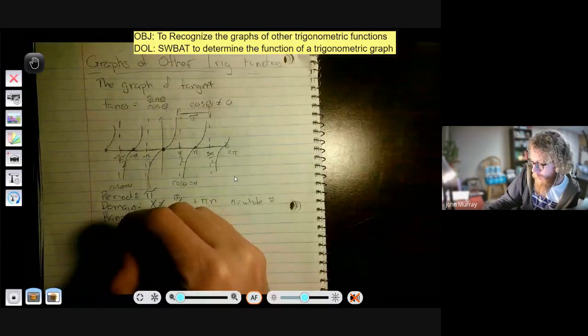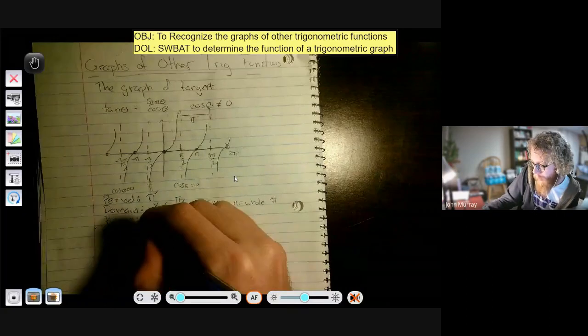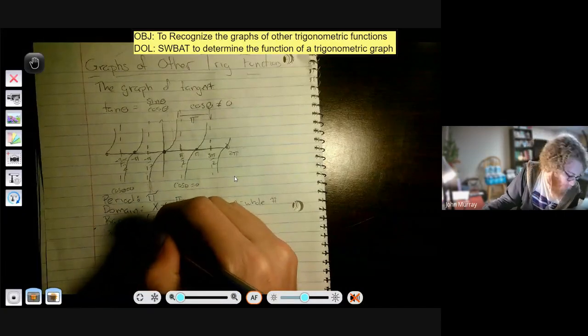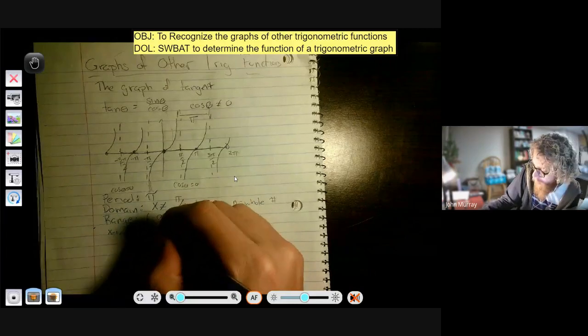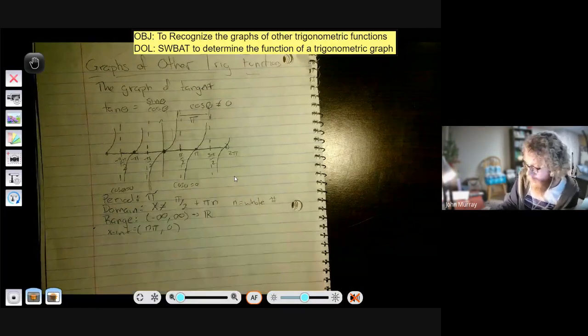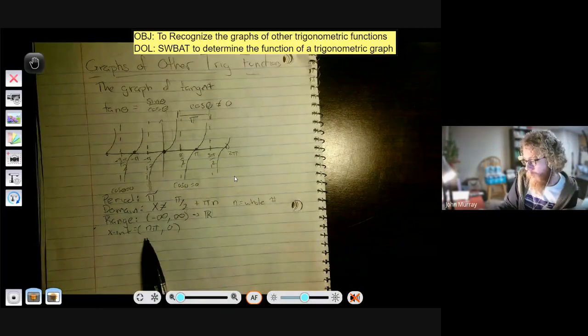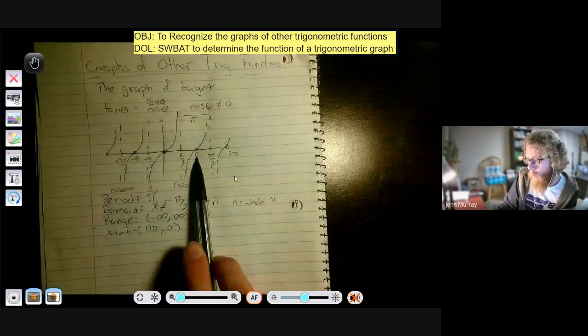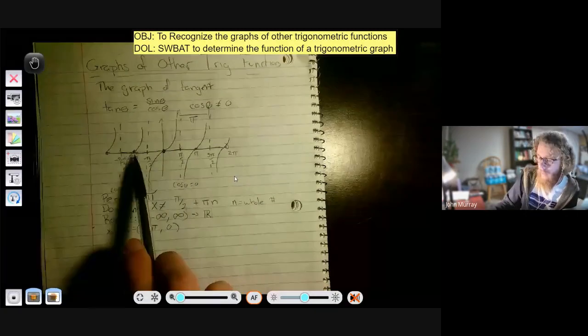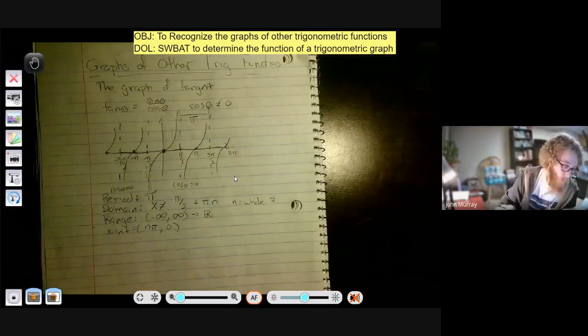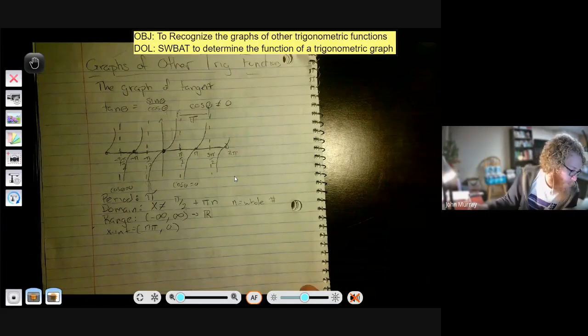And our x-intercepts we can find by doing n times pi. So our x-intercepts are at all of our whole pi's. So pi, 2 pi, 3 pi, 4 pi, 0, negative pi, negative 2 pi, negative 3 pi, and so on and so forth. All right, so there is our tangent function.